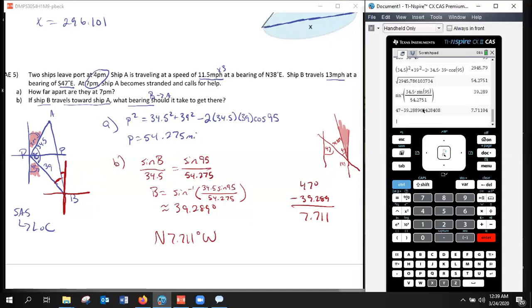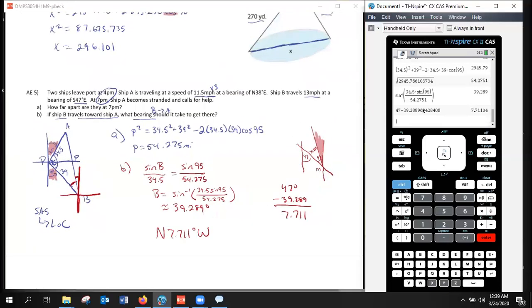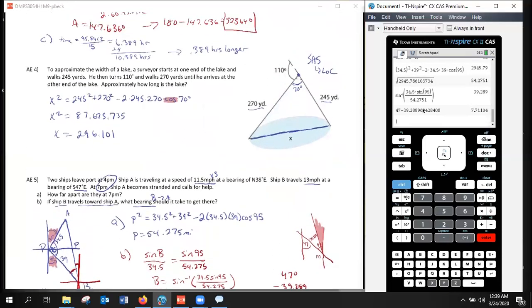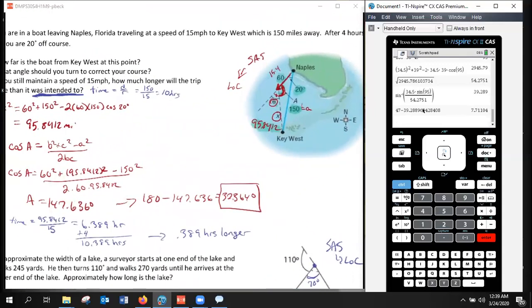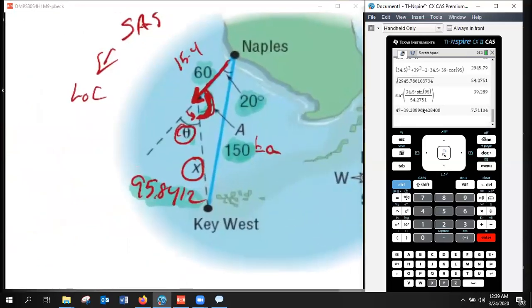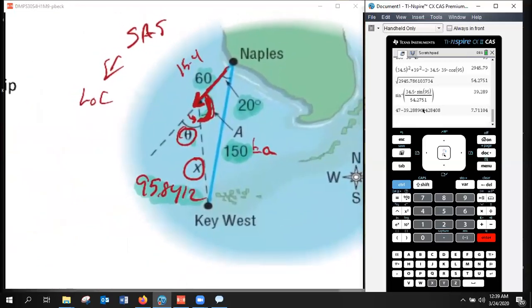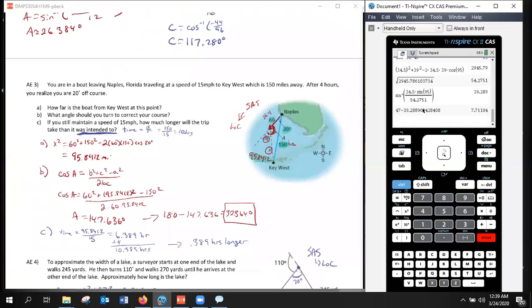You will have bearing problems, and sometimes you're going to have to think about whether it's acute or obtuse. You notice I'm mixing law of sines and law of cosines. I like to use law of sines just because it's a lot simpler, but sometimes, like I had in this problem, with law of cosines I wanted to be cautious because I figured that was going to be an obtuse angle, so the law of cosines gave me that obtuse angle.